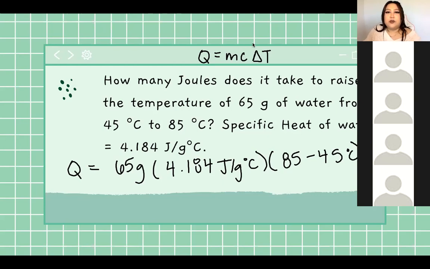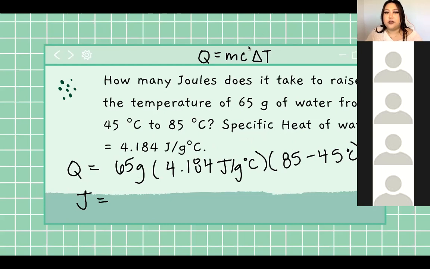So before we move on, is everything in the correct units? So we could just do the math, essentially. Yep, so grams, degrees Celsius. So that means Q will equal X amount of joules.